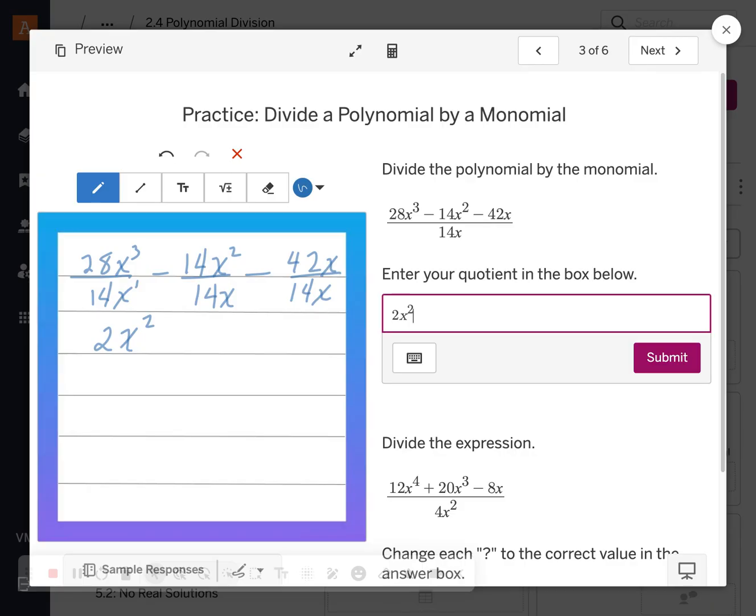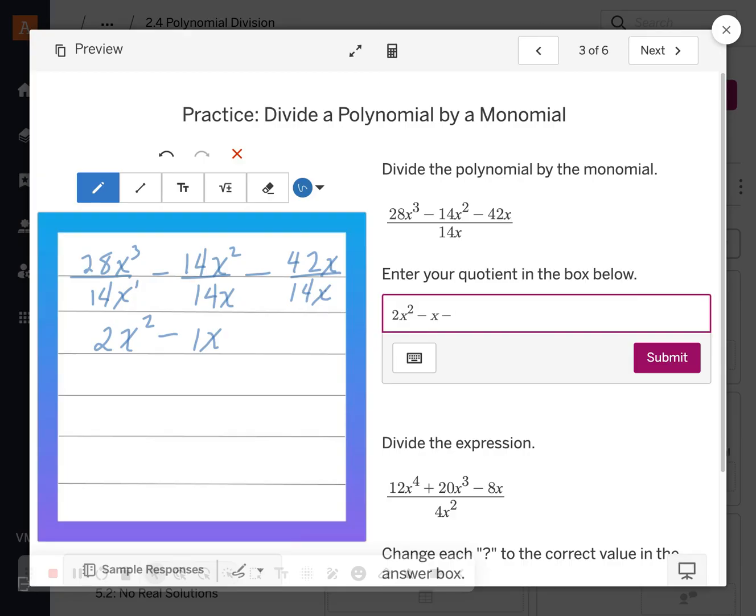Now the next term in my quotient, 14 divided by 14 is 1. x squared divided by x is x, which I can just call x, right? 1x would not be wrong, but we typically just call it x.